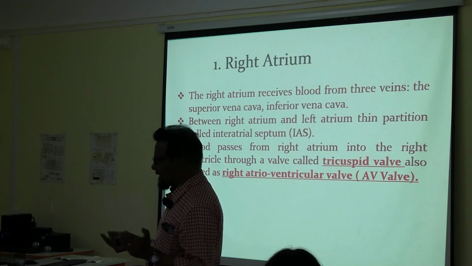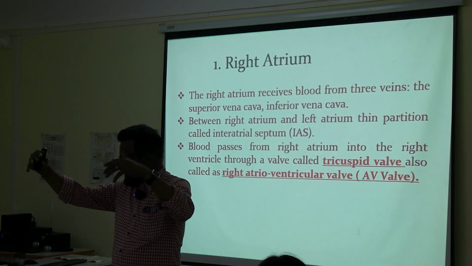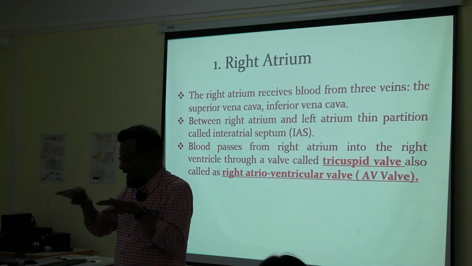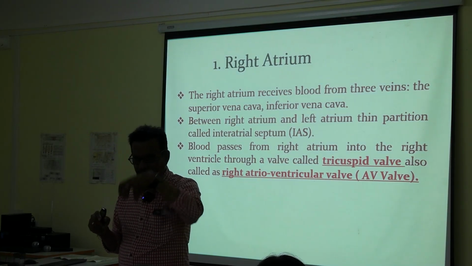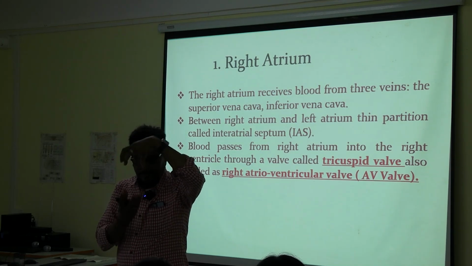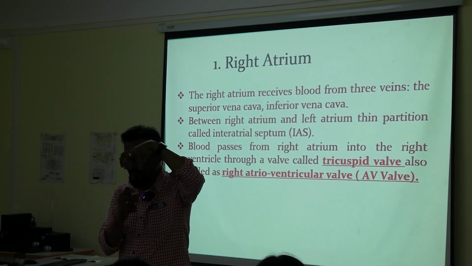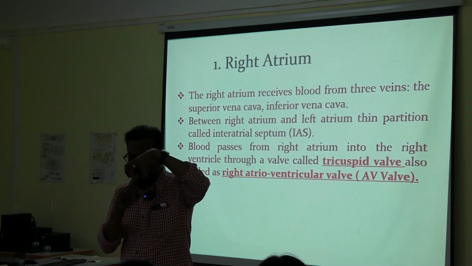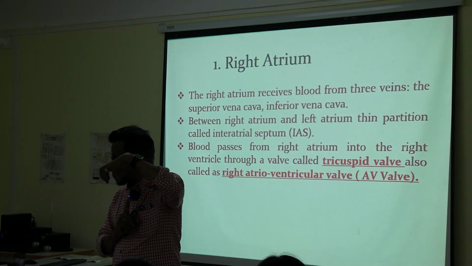For entering from both atria into the ventricles, there is an orifice. The connection between atrium and ventricle has an orifice, and within this orifice there is a valve.